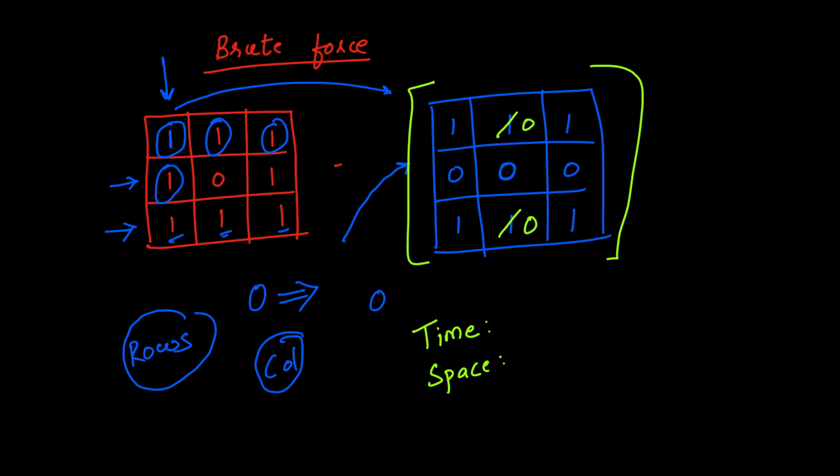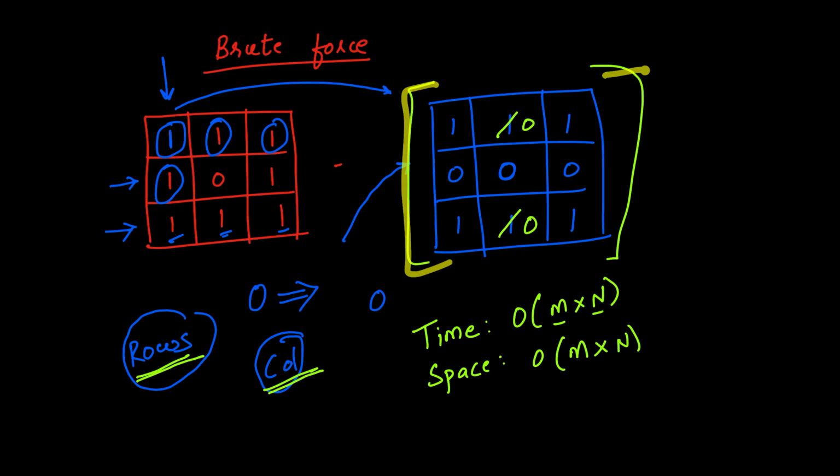We are iterating through the input matrix multiple times, first to identify the zeros and set the corresponding row and column flag to 0, and second to update the output matrix accordingly. The space complexity is also O of m times n, because we are using this additional memory to store the output. As this requires additional memory and we are not doing an in-place operation, it does not satisfy the constraints given to us.